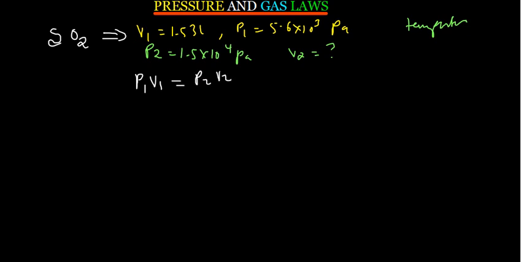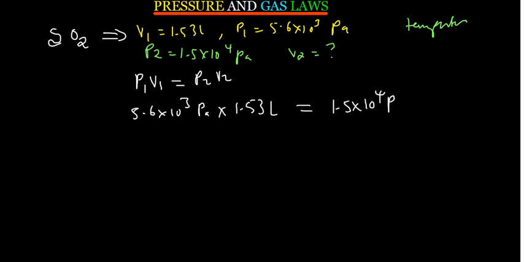We already have P1, which is 5.6 times 10 to the power 3 pascal. We need to take note that the unit should be the same on both sides of the equation. V1 is 1.53 liters and P2 is 1.5 times 10 to the power 4 pascal.